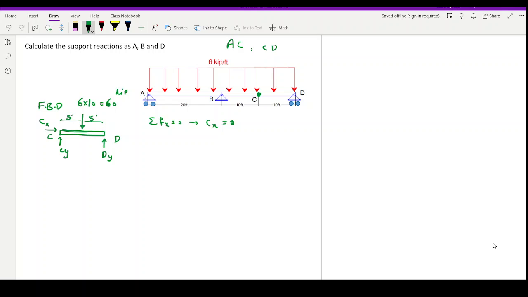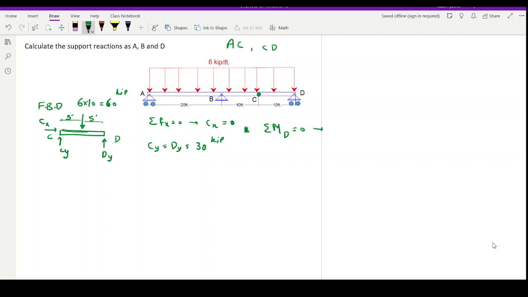It's common sense just to say that Cy is equal to Dy and it's equal to half of 60, which means 30 kip. But if you don't know that, you just have to follow the procedures that we have and, for example, take sigma M about D is 0.